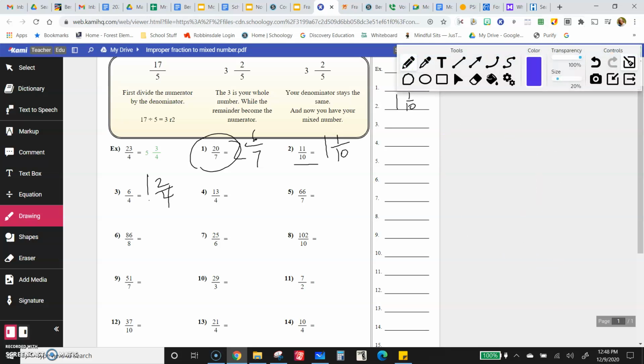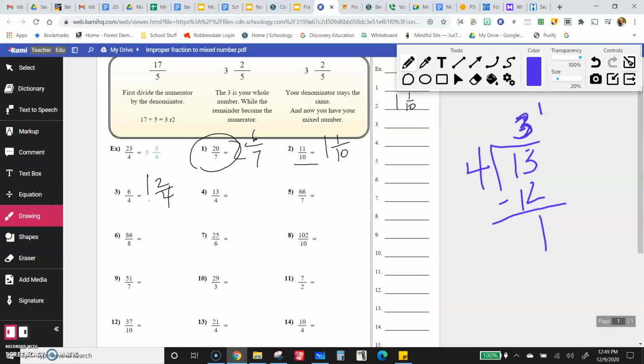So if I just do, for number 4, 13/4, well, how many times does 4 go into 13? Goes in 4, 8, 12, 3 times. 3 times 4 is 12. Subtract, I get 1. Now, this is my whole number. This is how many times 4 went in altogether.